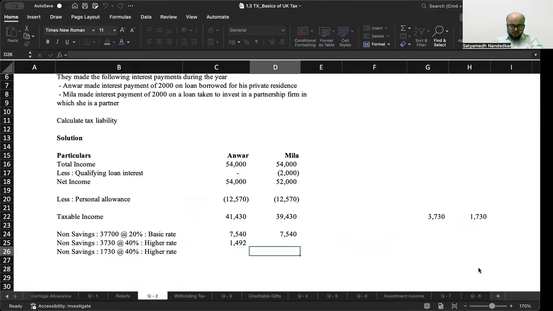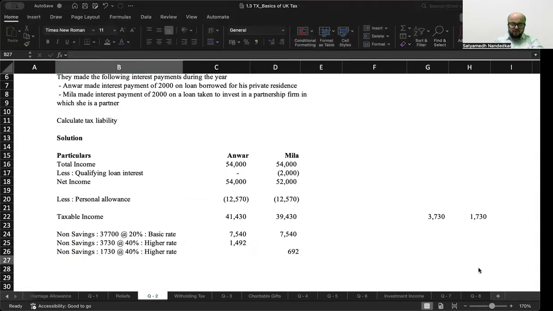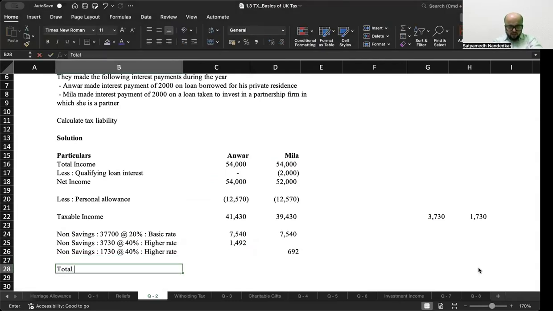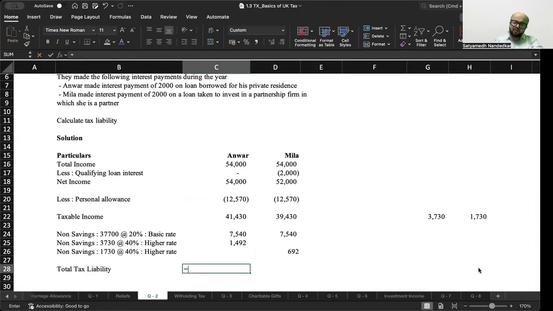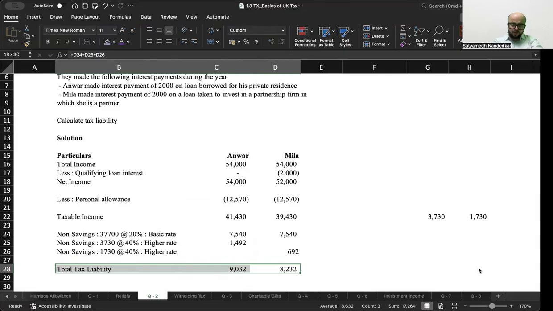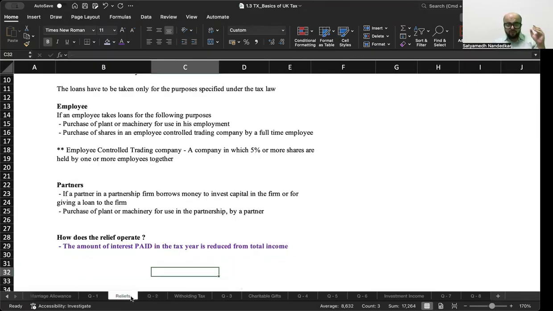Okay, 1,730 into 40%. You have 692 and then my total tax liability. How much does that come down to? That is 7,540 plus 1,492. 9,032 and 8,232. Okay, pay attention, understand how exactly we have calculated the impact of relief.